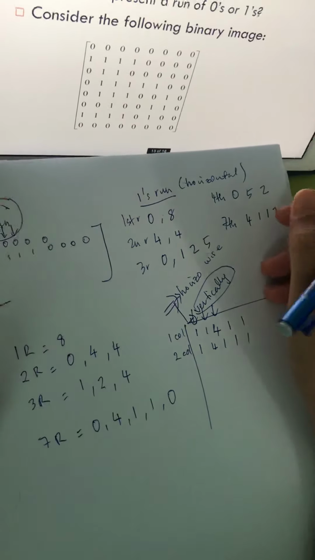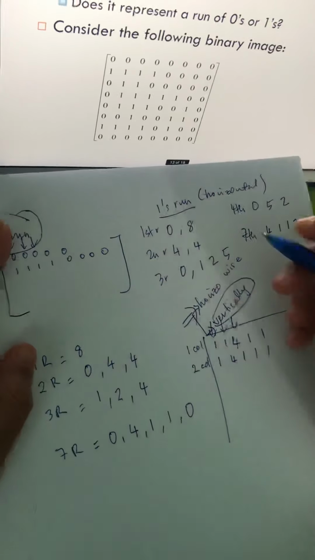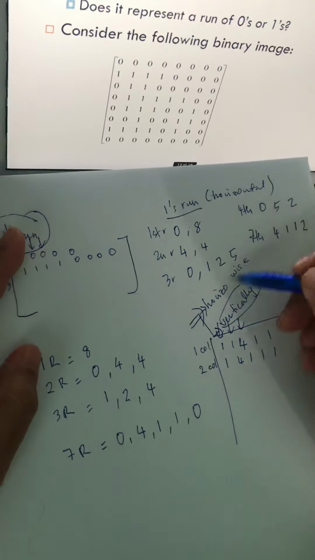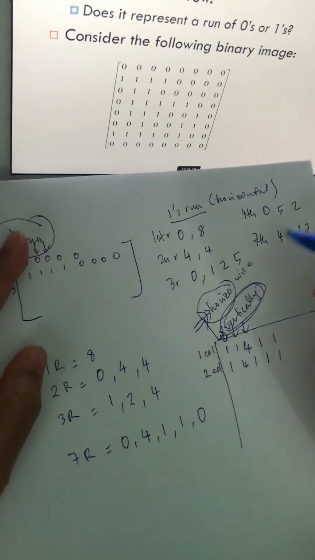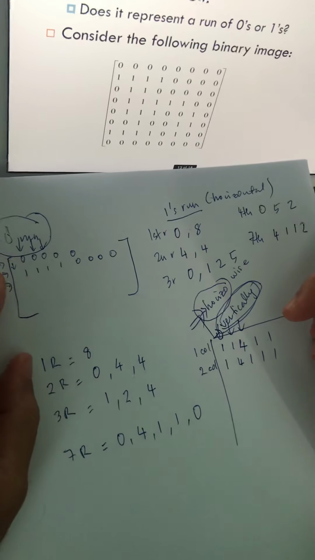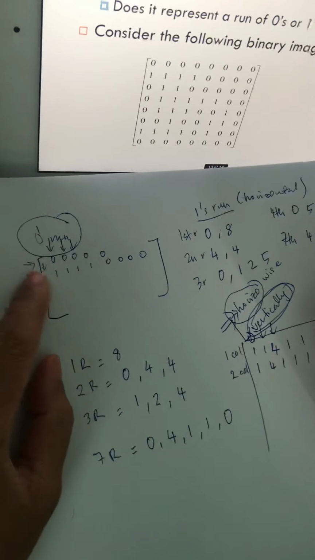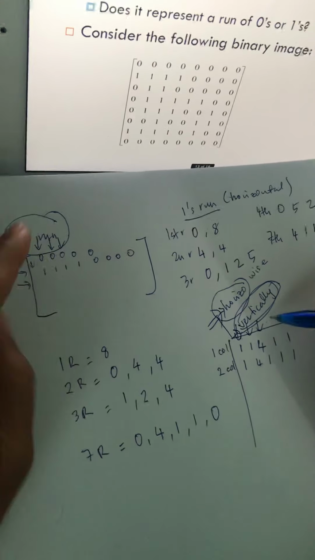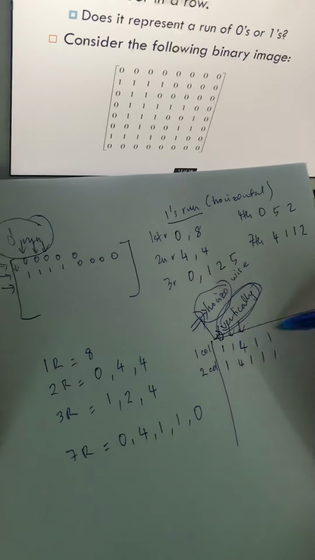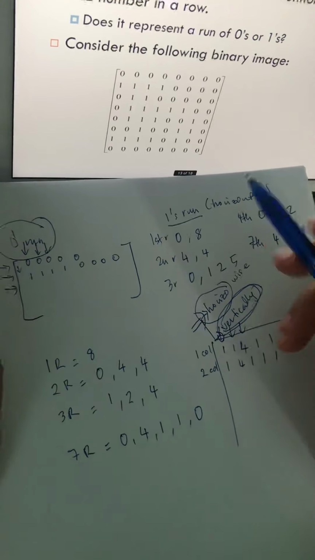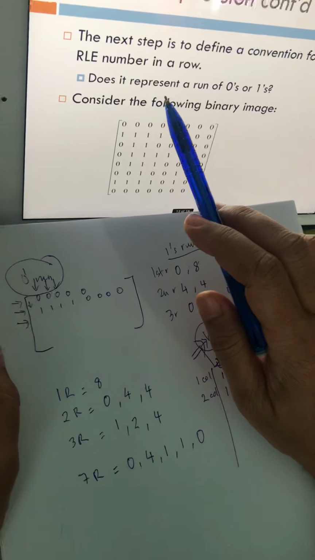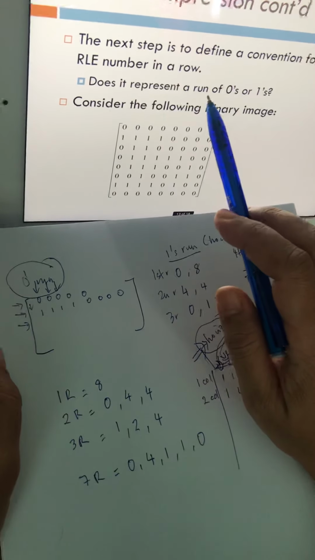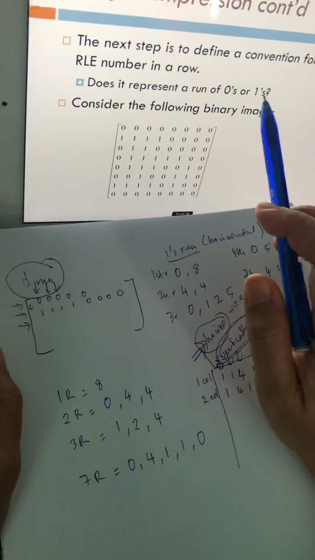The important thing in image compression is you have to identify whether it is horizontal or vertical. If horizontal, then you have to count row by row. If vertical, you have to count column by column. And also you have to get the run, either it is 0 or 1.